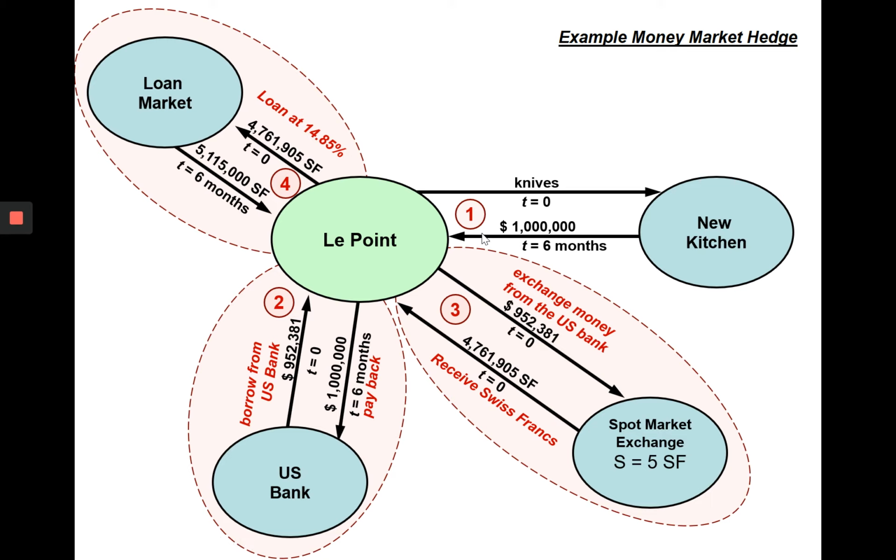By the way, it's not accurate analysis to say this $1 million is a cost of our hedge. It's not a hedging cost. This item number one is dealing in the credit market, something that we do in domestic finance and in international finance: giving credit to a customer.